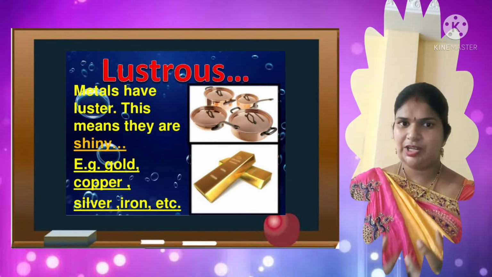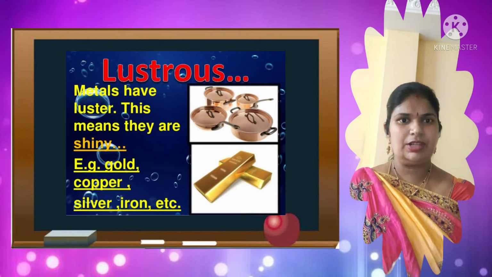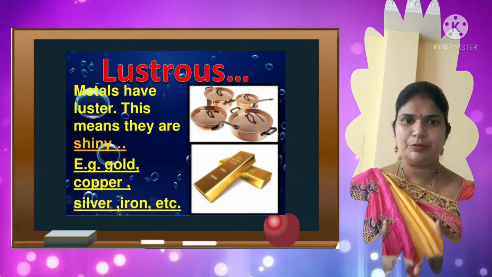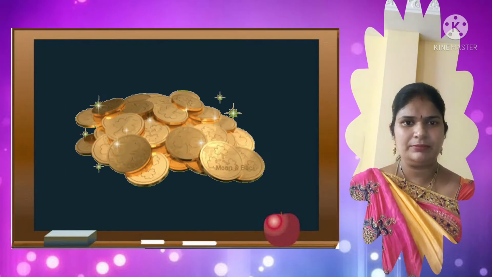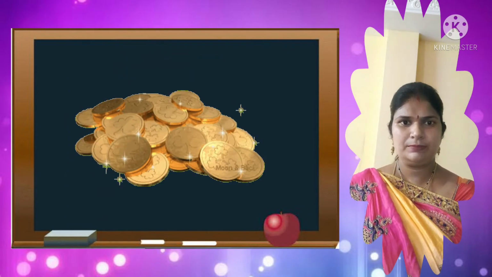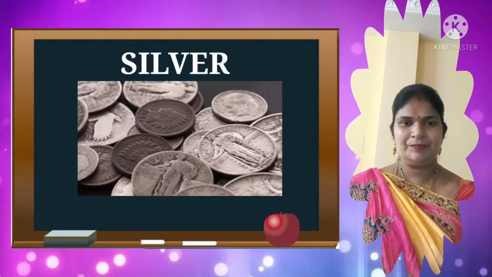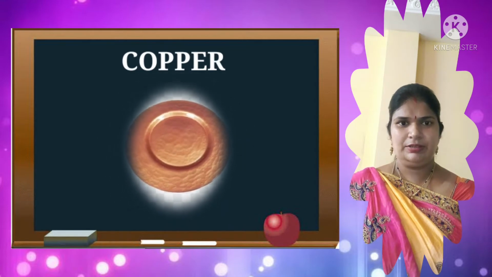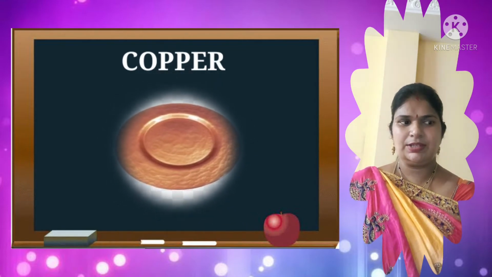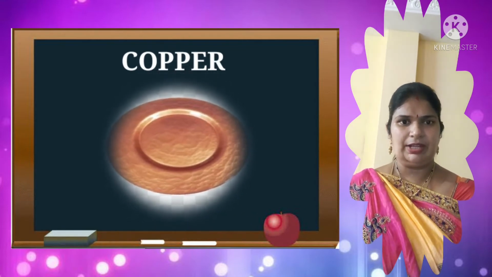Metals generally glitter or shine, so that is said to be what? Lustrous property. Okay? So tell me a few examples of metals which will shine. Yes, gold, silver, copper, etc. Good.